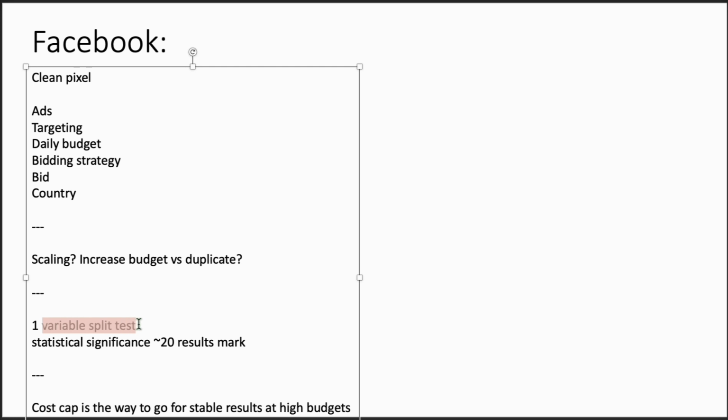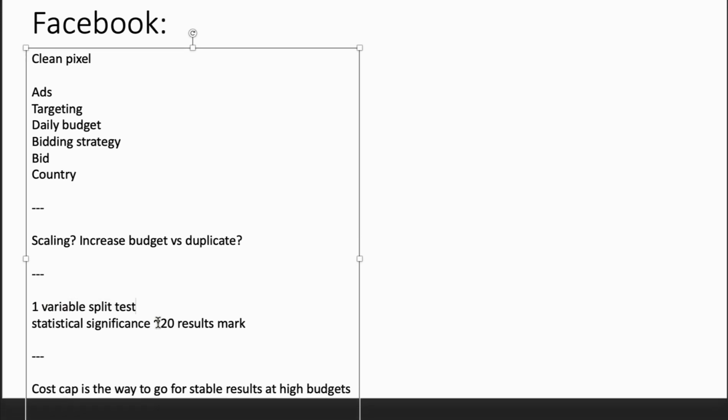And not doing the one variable split test but two variables or three variables or whatever results in so much wasteful spend, right? And without the cost cap, scaling at high budgets is so unstable and so annoying. So in a sense, this is the top-down structure of Facebook, and everything else is non-important, right?